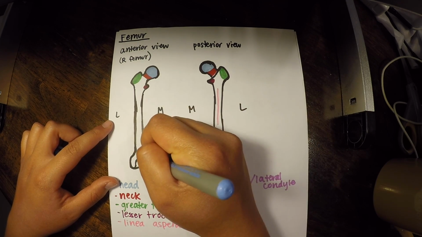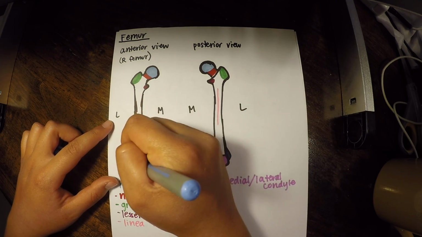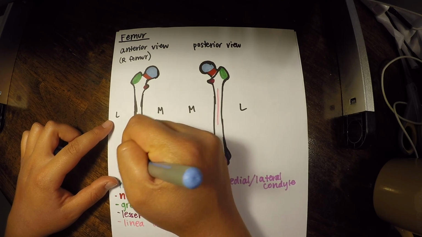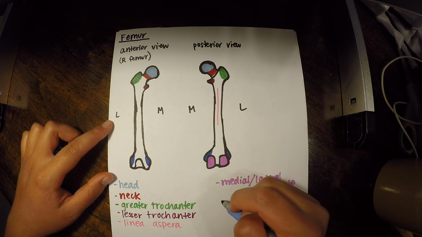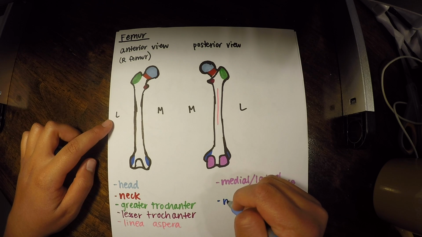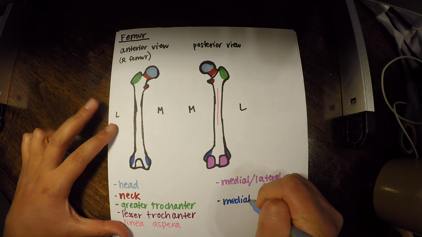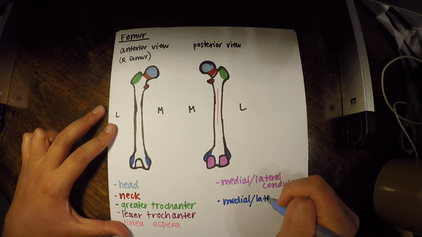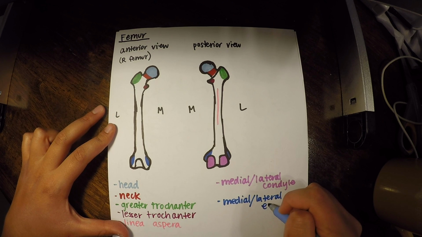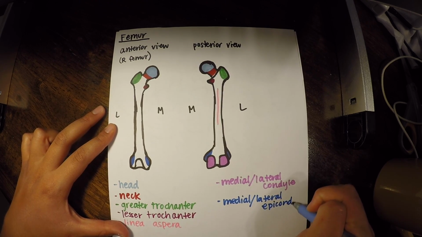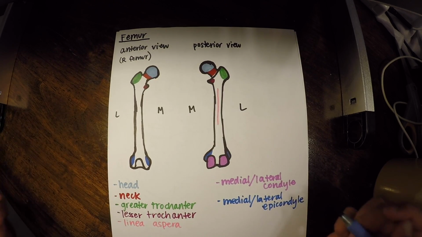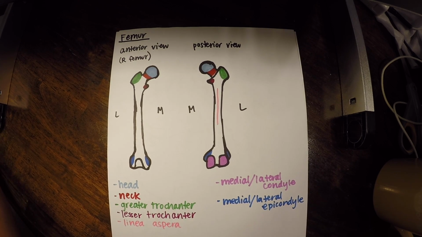We can't see the condyles. So it's going to be right here and here. Epicondyle. Epi means above, just as a little reminder.